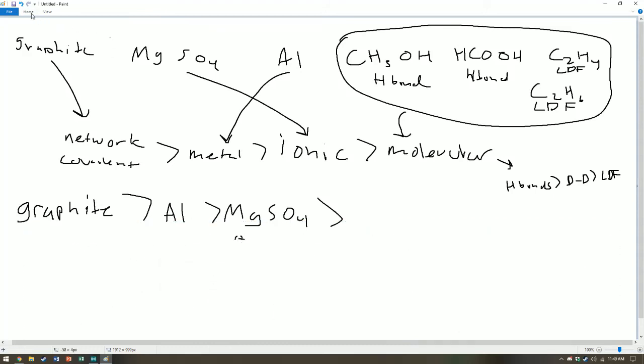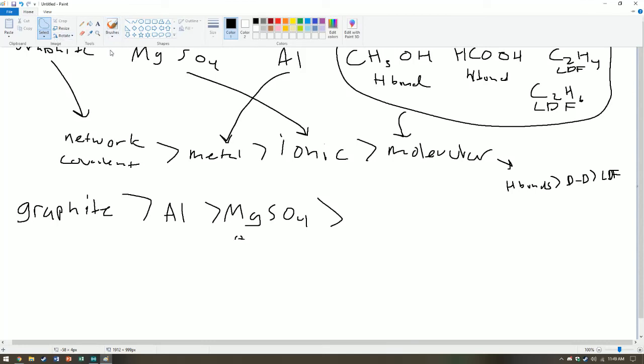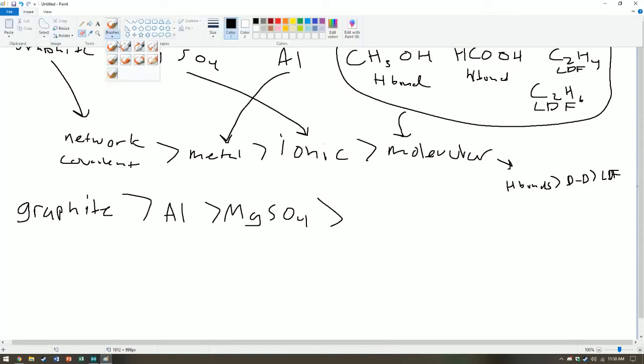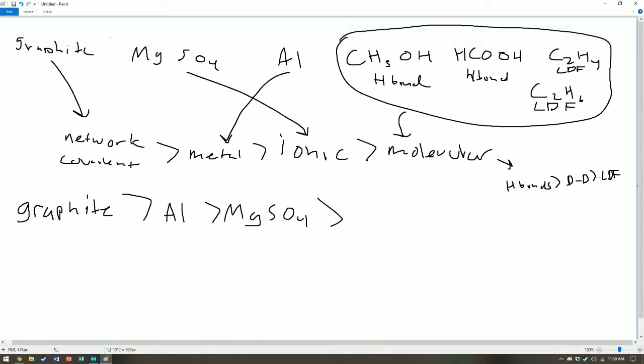Now, the next thing I want to do is focus specifically on the hydrogen bonding ones, since those will probably come higher up, right? So I want to focus on our hydrogen bonding buddies. So CH3OH. And I want to draw maybe 2 molecules just so I can play around with intermolecular forces.